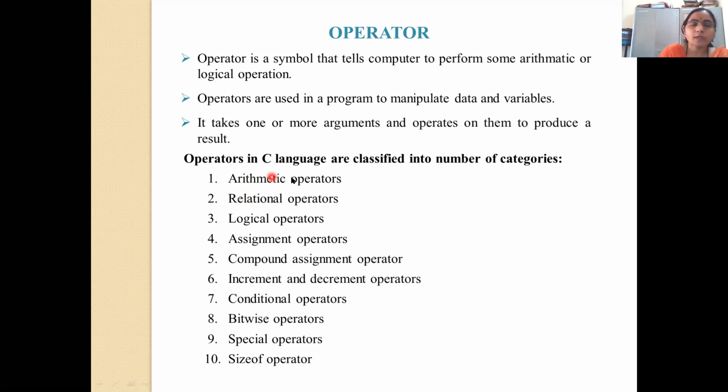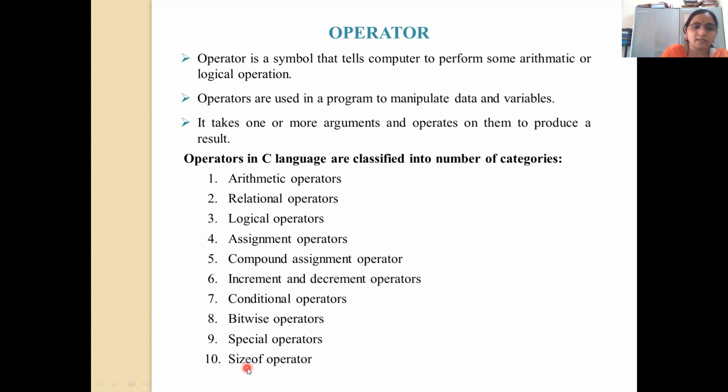Okay. Now the operators in C language are classified into the following categories. The first category is the arithmetic operators, relational operators, logical operators, assignment operators, then compound assignment operators, increment and decrement operators, conditional operators, bitwise operators, special operators, and sizeof operators.